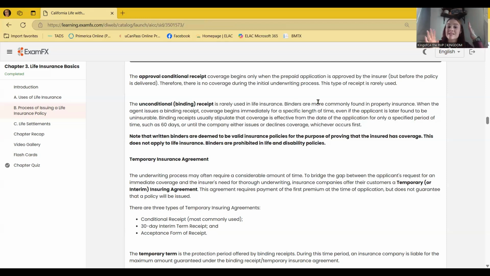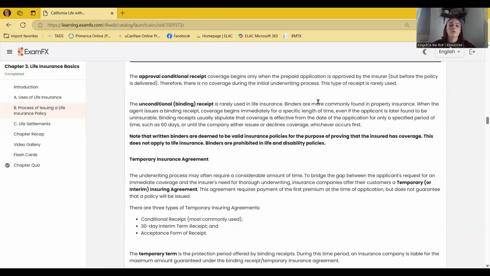Binding receipts usually stipulate that coverage is effective from the date of application for only a specified period of time, such as 60 days, or until the company either issues or declines coverage. So a binding receipt is like its own little policy.